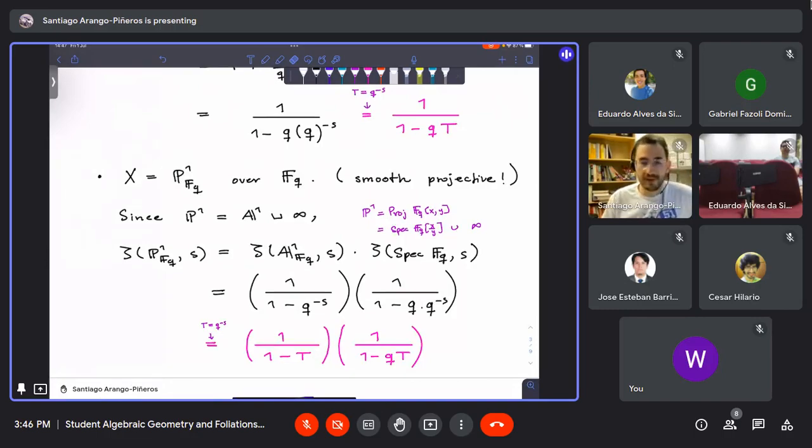Another way to think about this: what are the closed points in A1? They are irreducible monic polynomials. By choosing a variable t, the point at infinity corresponds to the polynomial 1 over t.